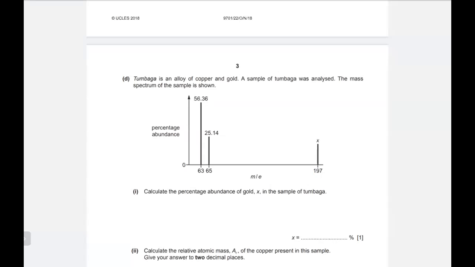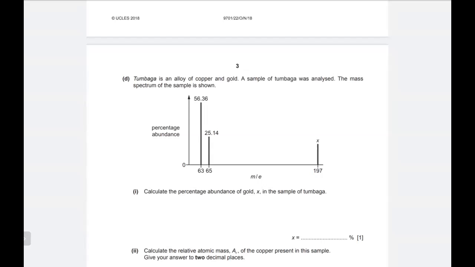Because it's a percentage, the total should be 100. So copper and the gold sample.